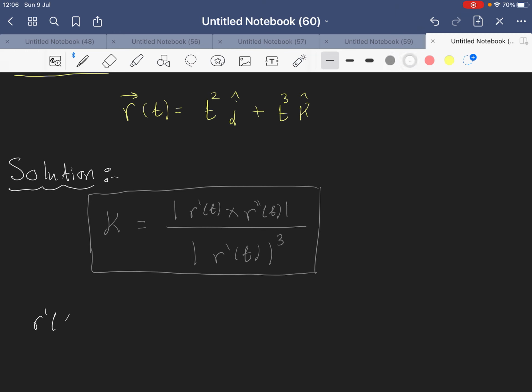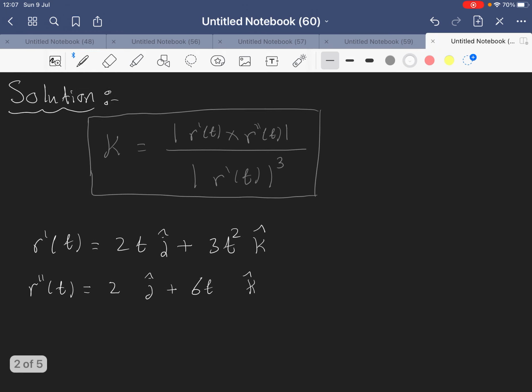As I said, the first thing is I need to find the derivative. The derivative will be 2t j plus 3t squared k. That is the first derivative. I will also need the second derivative, which will be just 2j plus 6t k.